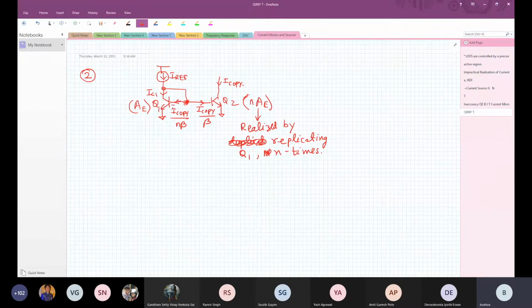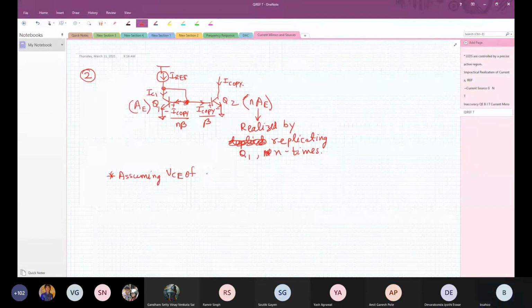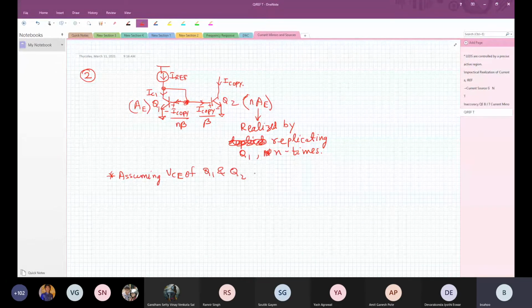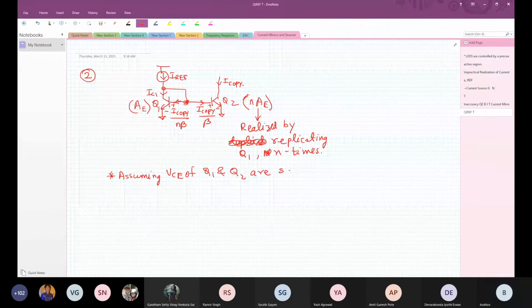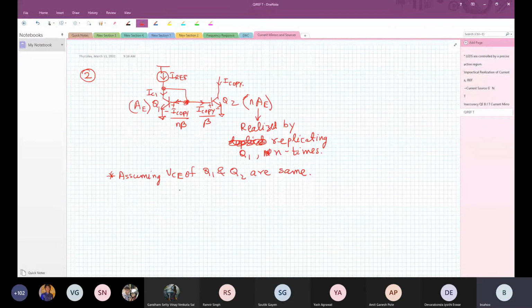Now VB of this and VB of this are the same. Let's assume VCE of Q1 and Q2 are the same. So IC1 equals I copy by N. There is no question on this. We are not considering a mismatch due to the early voltage effect.